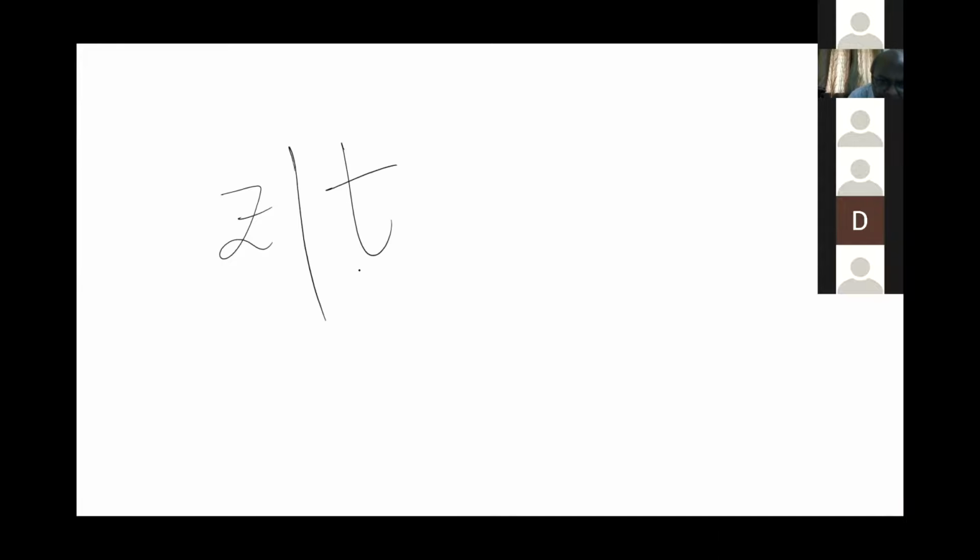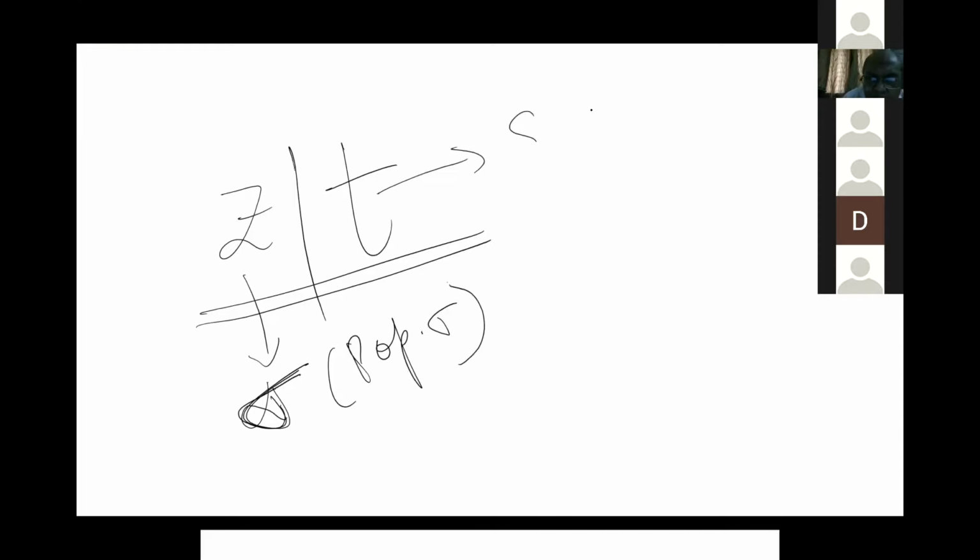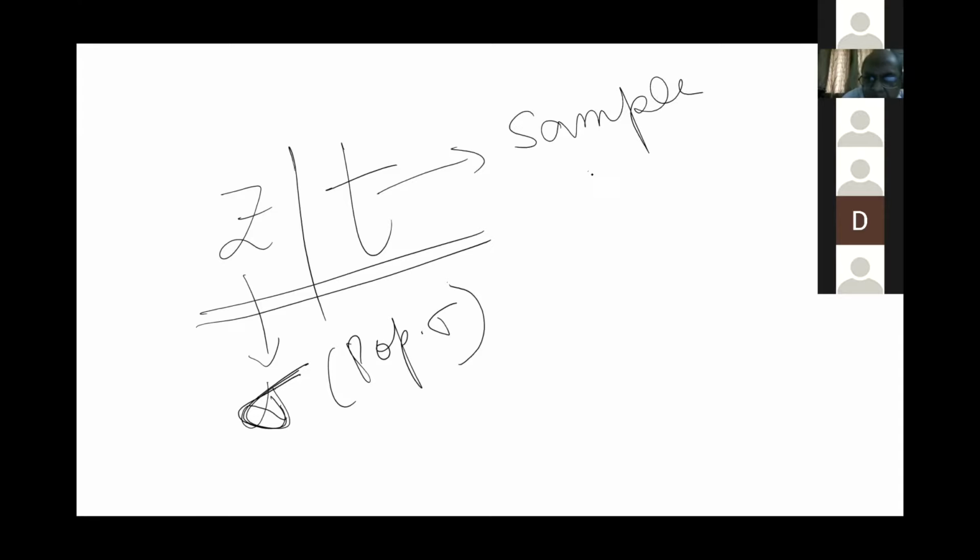Another question being asked is about Z versus T. Z presumes that we know the population standard deviation. It assumes that. But T does not assume the population standard deviation. It can work on the standard deviation of the sample. And since normally we do not know the population standard deviation, we prefer to use T statistics.